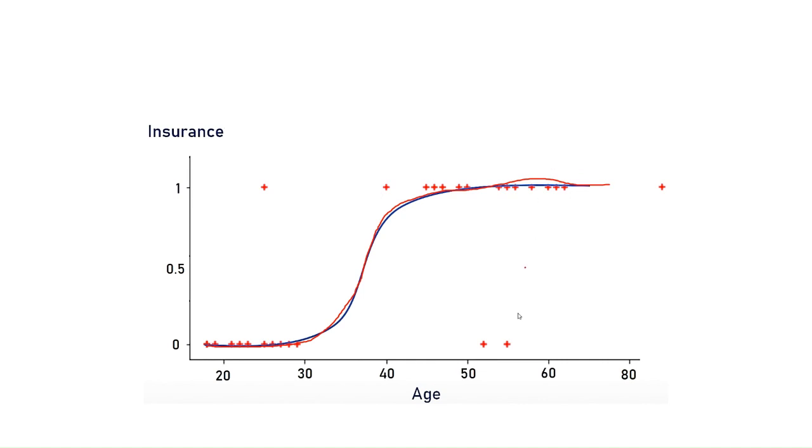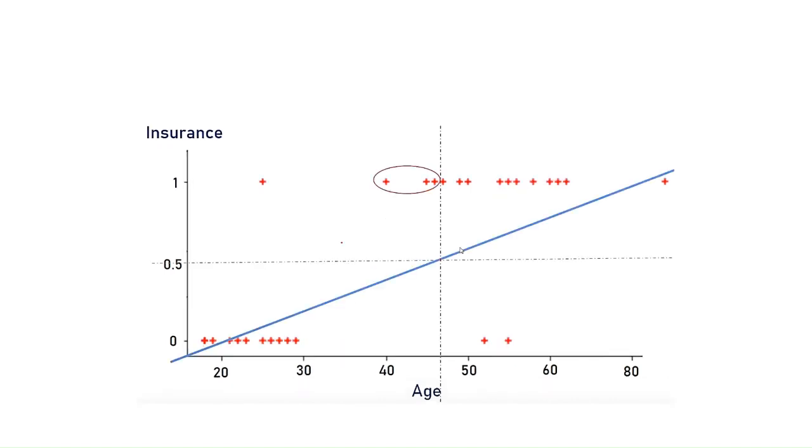Yes, because you can see this particular curve approximates the actual distribution, or we can say it fits almost all the points. This S-shaped curve gives a better fit compared to this particular line.